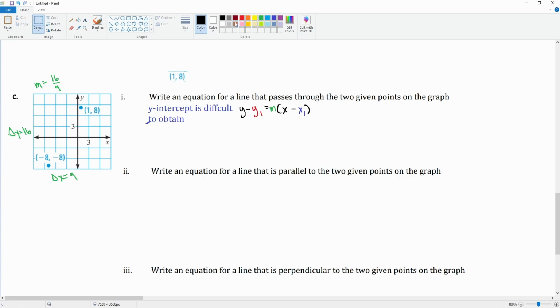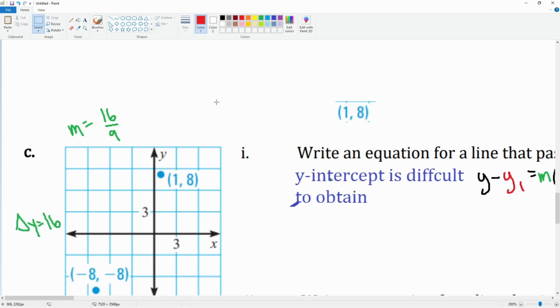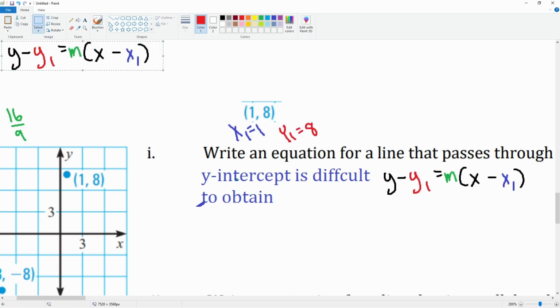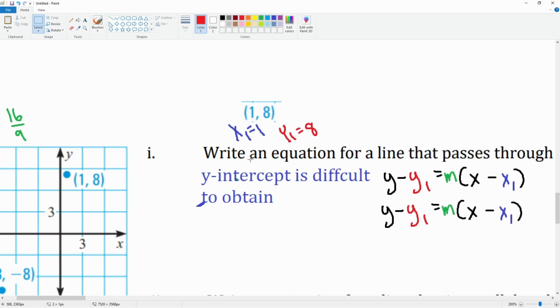All right. So your x1 is going to be the x value of 1, and then your y1 is going to be your 8. So let's just plug it in here. I'm going to grab this equation. I'm going to erase the y1, and then I'm going to plug that in as 8.